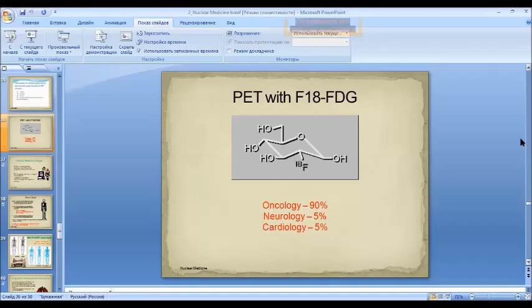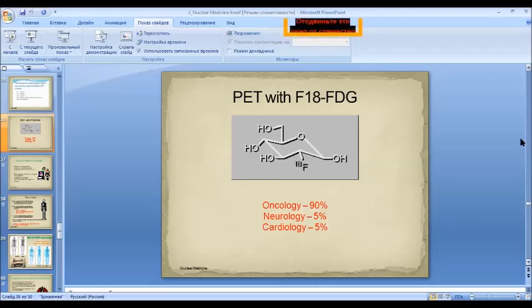Why do most diagnostic centers choose this combination of radioactive tracer and radiopharmaceutical? Glucose, the molecule of glucose, is taken up predominantly in tissues with very high metabolism. First of all, it's malignant tissues, brain, and myocardium.